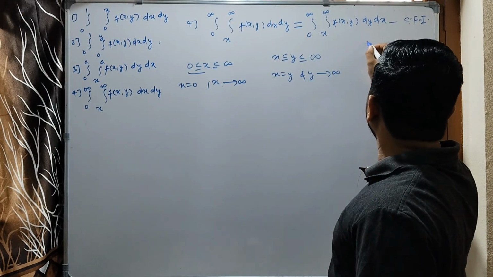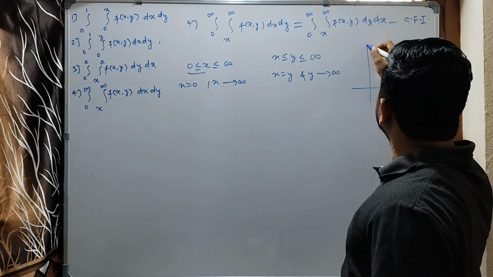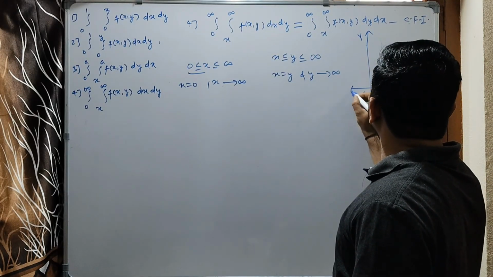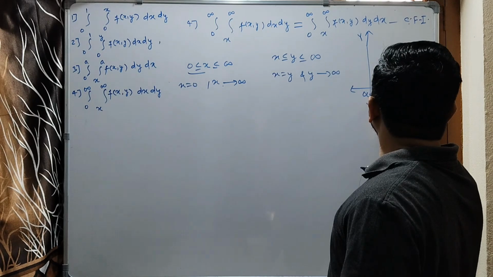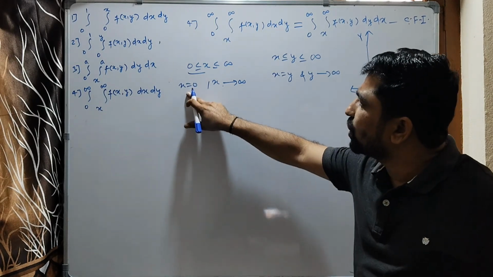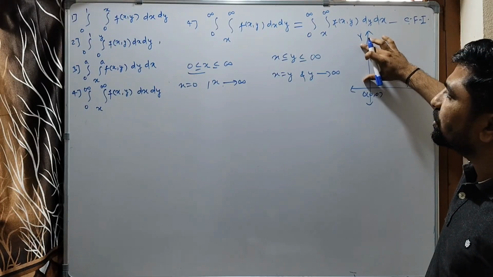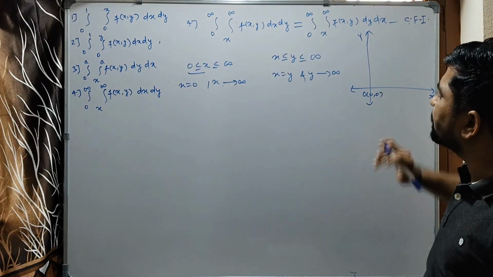Now I am drawing this region with the help of this. This is my x axis and this is my y axis. This is the origin with coordinates 0, 0. Now x equal to 0 means the complete y axis, so along the y axis the value of x is 0.